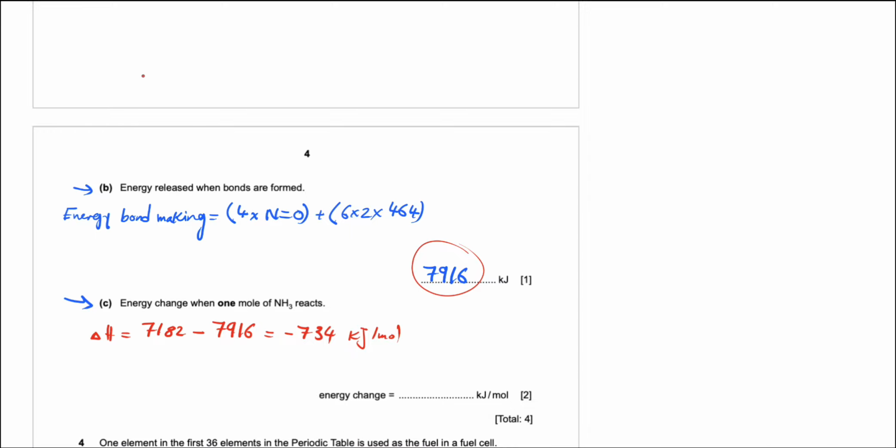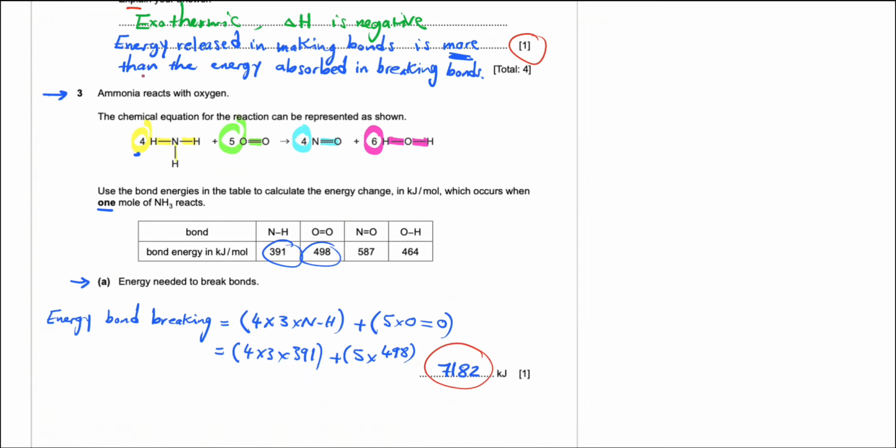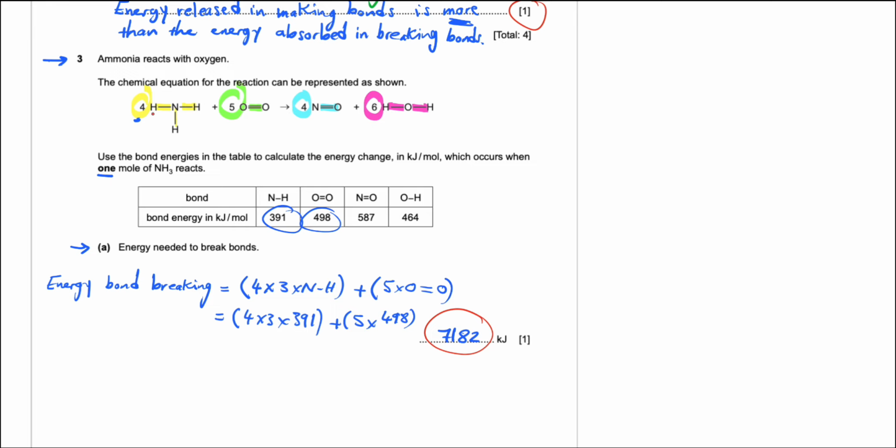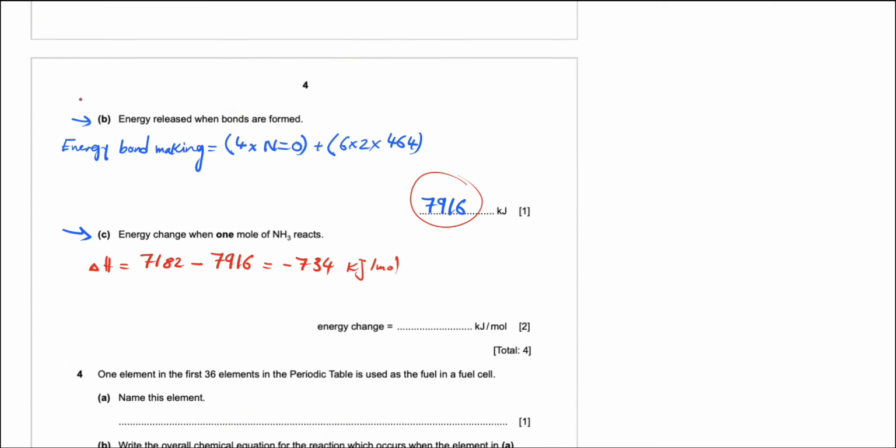Now, here is the tweak in that question. He's not asking for the overall reaction. Look here, on the reactant side, we have 4 moles of ammonia reacting with 5 moles of oxygen. But he's just considering, what if we have, instead of 4, just 1 mole of ammonia? So the number that you got here is if you have 4 moles, but I'm asking about just 1 mole.